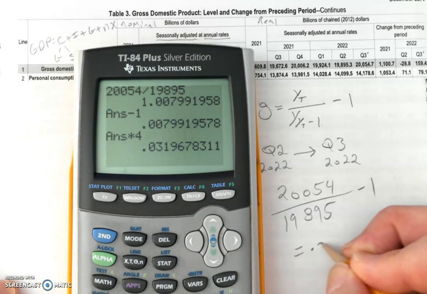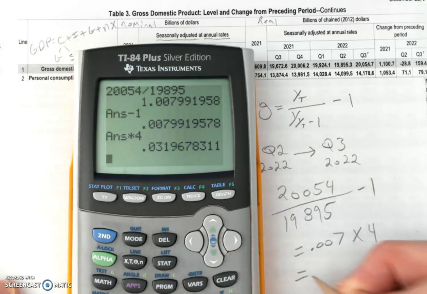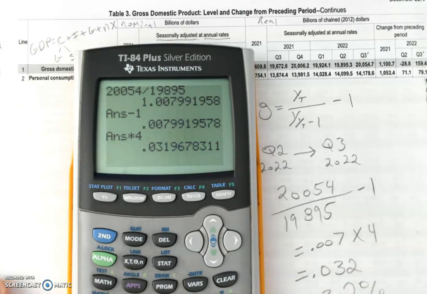So we would have 0.007 times 4, which equals 0.032, which is equal to 3.2%. So in essence, the economy grew from quarter 2 of 2022 to quarter 3 of 2022 by 3.2% in annual terms. What was the actual growth rate from quarter 2 to quarter 3?